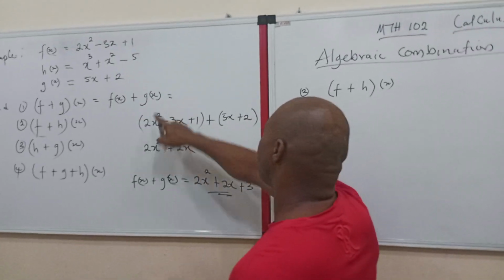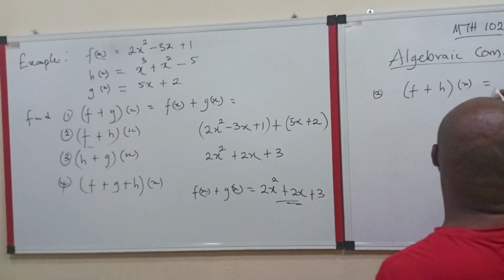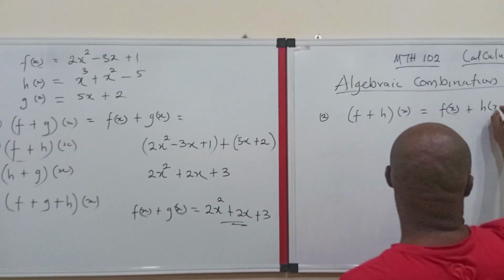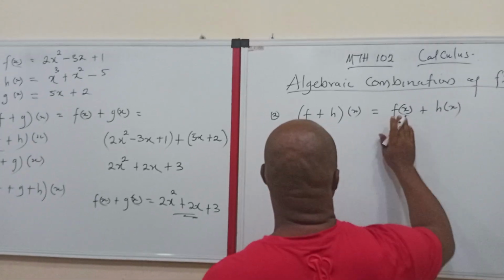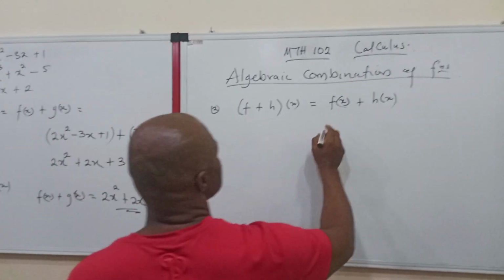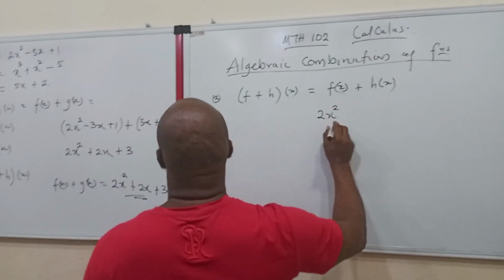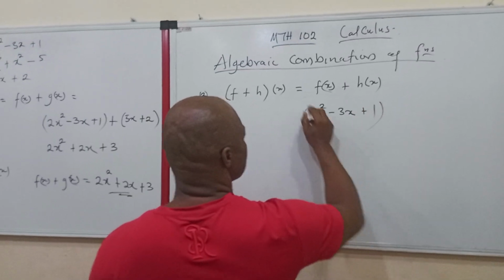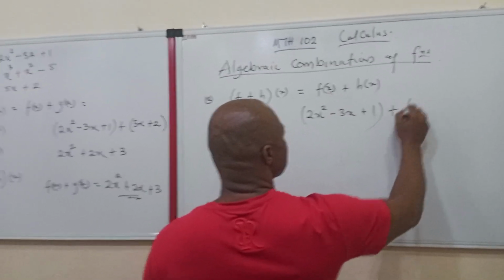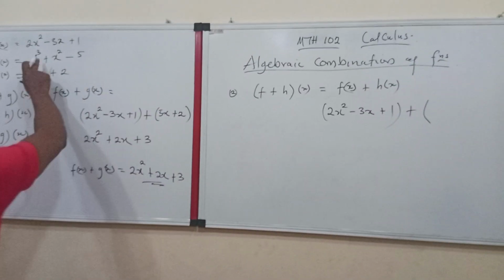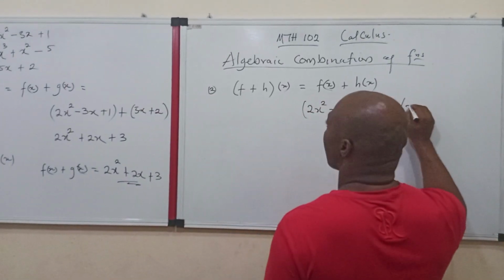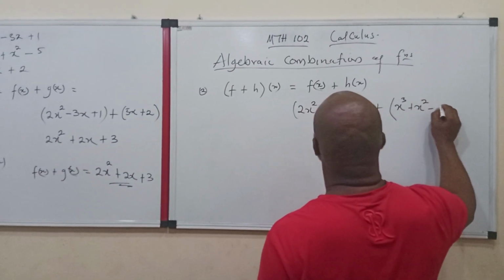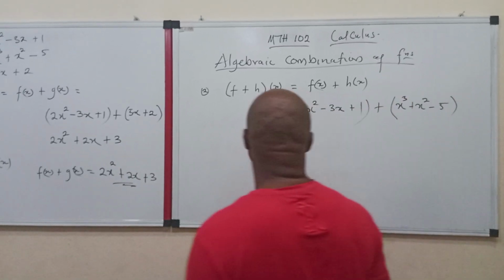Now, based on what we have, this is equal to f of x plus h of x, where we have our f of x as 2x squared minus 3x plus 1, plus for the h of x, we have x cubed plus x squared minus 5. That is what we have.